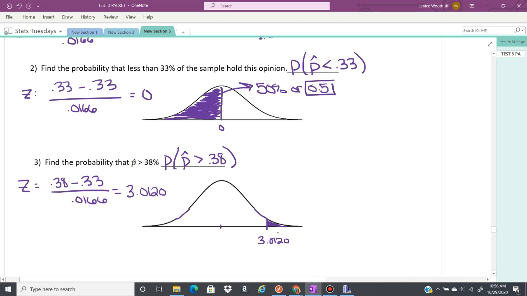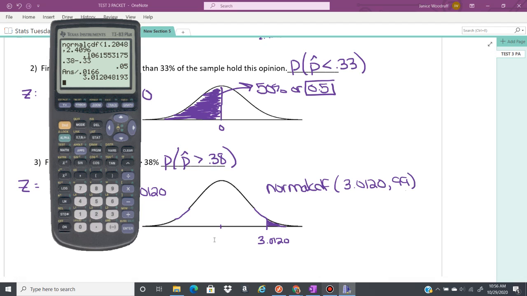Let's go ahead and find that. We're going to go normal CDF with a lower limit of 3.0120 going to the right, so our upper limit is positive 99. So 0.0013.